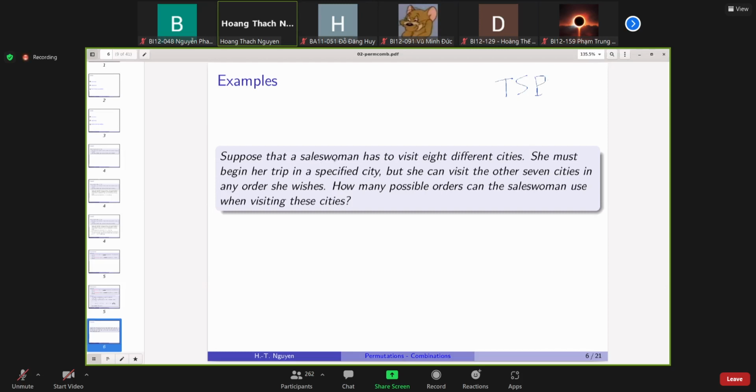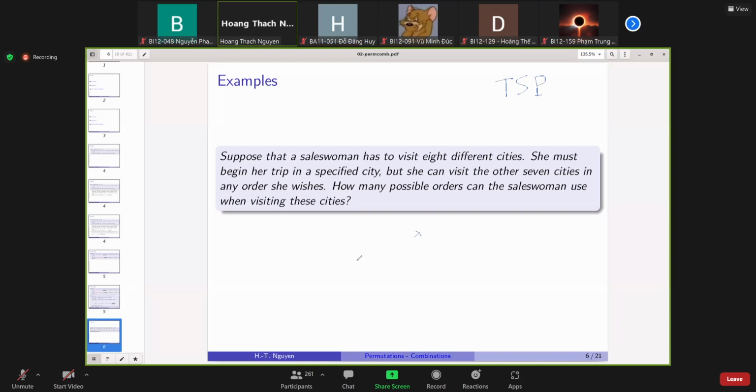And in this example, I even use saleswoman to emphasize the issue of gender equality. Okay, so suppose that a salesperson has to visit 8 different cities. This person starts from her home city, and the cities are interconnected.